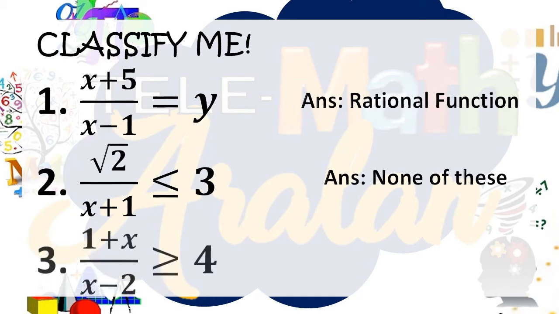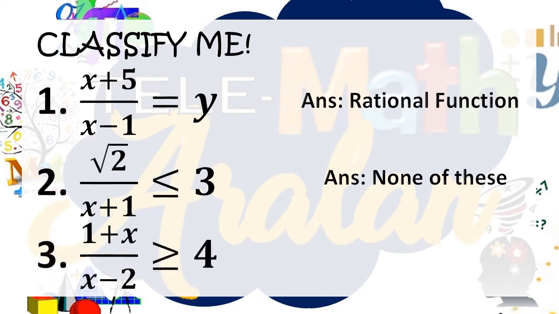And last, 1 plus x over x minus 2 is greater than or equal to 4. Is it a rational equation, a rational function, a rational inequality, or none of these? Answer, it is a rational inequality.